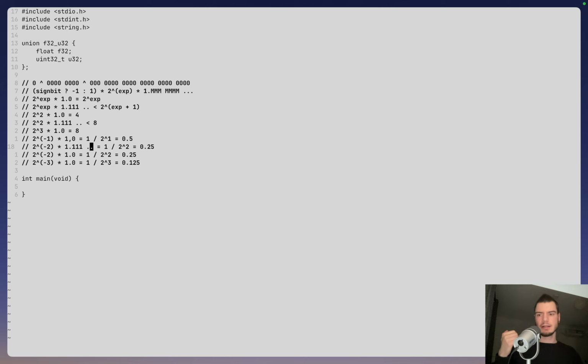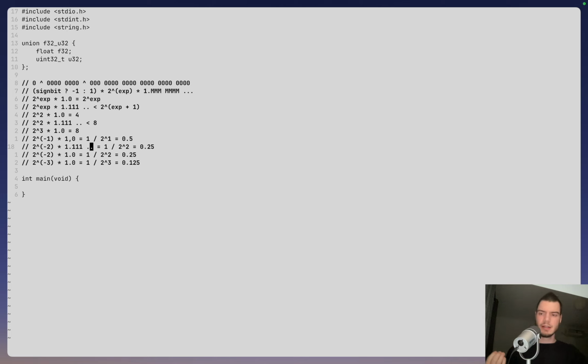And if we are at exponent -1, we're interpolating between 0.5 and 1. So we can see that the smaller our exponent is, the more we get into the negative exponent range, the smaller the distance is between one exponent value and the next. And the greater it is, the greater also the distance between one exponent value and the next.